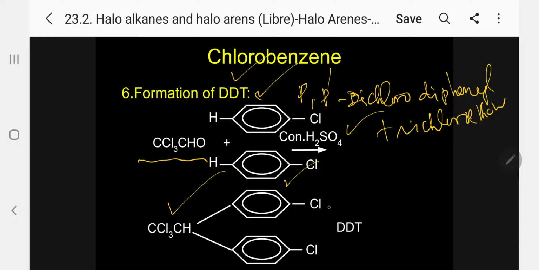This is para, para'-dichlorodiphenyltrichloroethane, with 2 carbon atoms. Kindly follow. That is called DDT. Normally this question will be asked. Kindly follow.